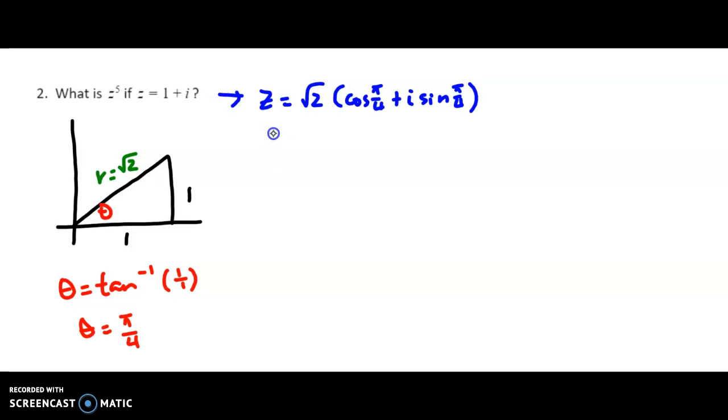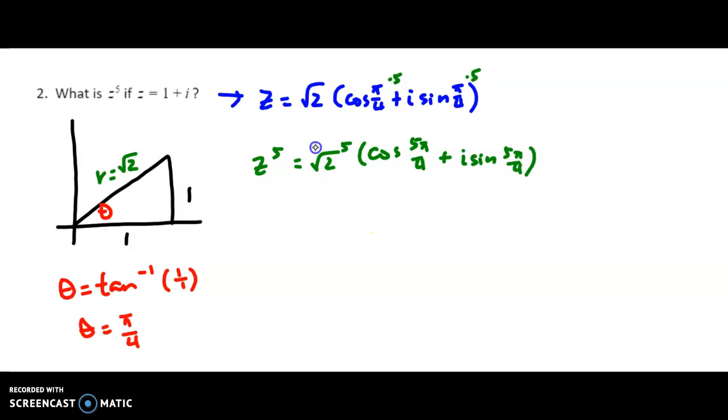Okay, so if we do z to the 5th power, okay, that's going to be root 2 to the 5th, and we're going to multiply the angle by 5, right? So that's going to be cosine of 5 pi over 4 plus I times sine of 5 pi over 4.